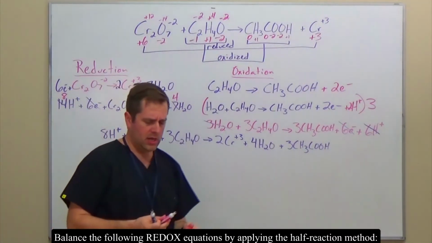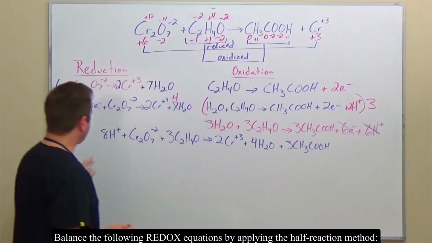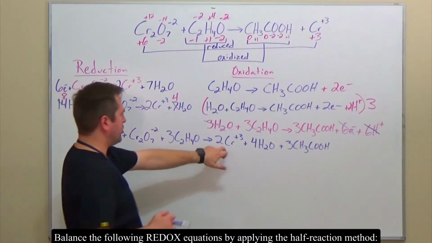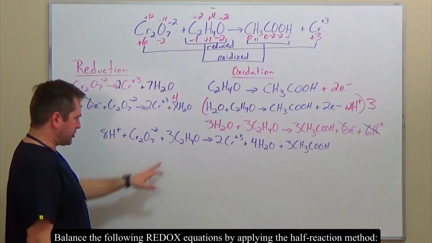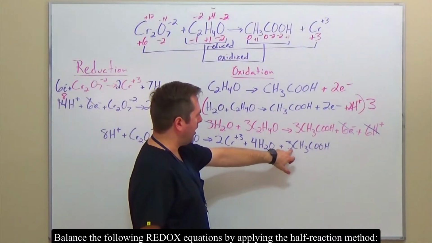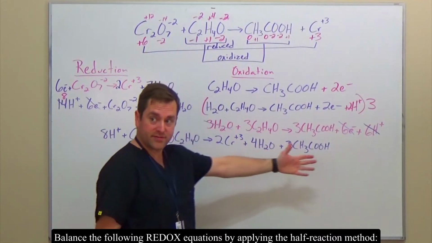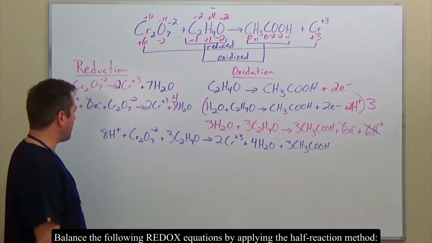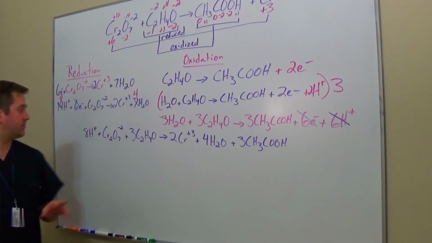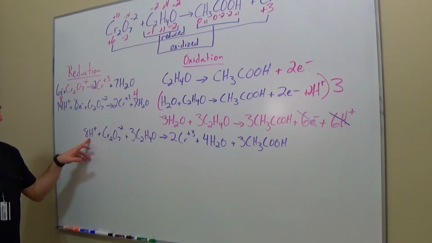Now let's make sure that it truly is a balanced redox reaction. Let's go after metals. The chromium, 2 and 2. That's good. Non-metals, carbon, 2 times 3 is 6. Over here we have 3 carbons and another 3 carbons for a total of 6. Carbon's taken care of. Now what about the hydrogens? Here we have 4 times 3 is 12 plus 8.